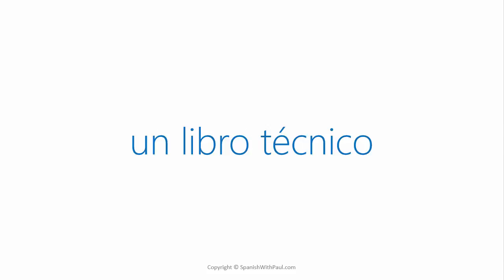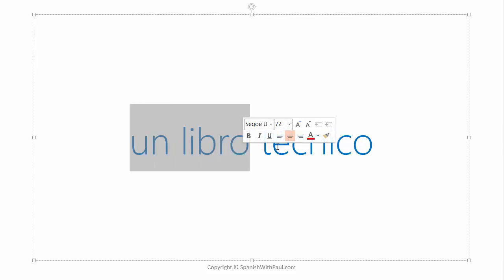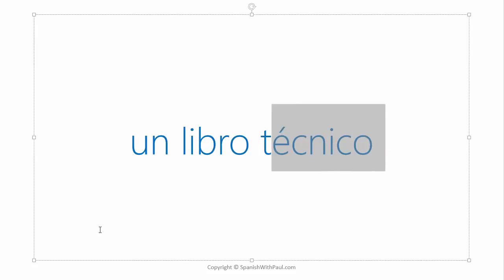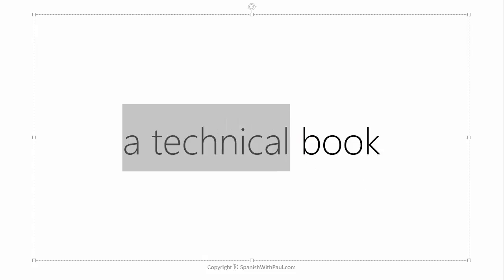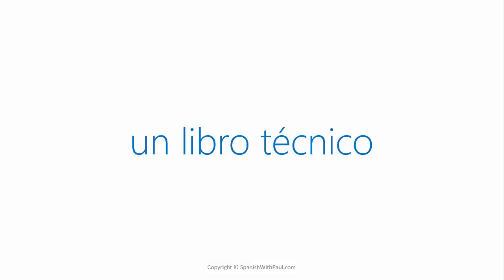Un libro técnico. So did you get again that in Spanish, first we say what it is, un libro, and then we describe it as being technical, rather than in English we say a technical first and then the book at the end. So the word order gets reversed in Spanish. A technical book becomes un libro técnico, a book technical.